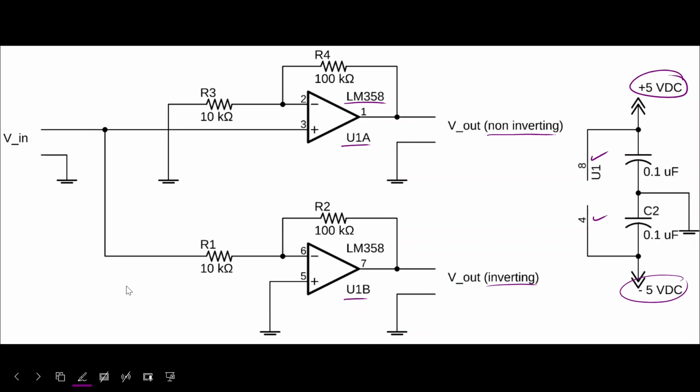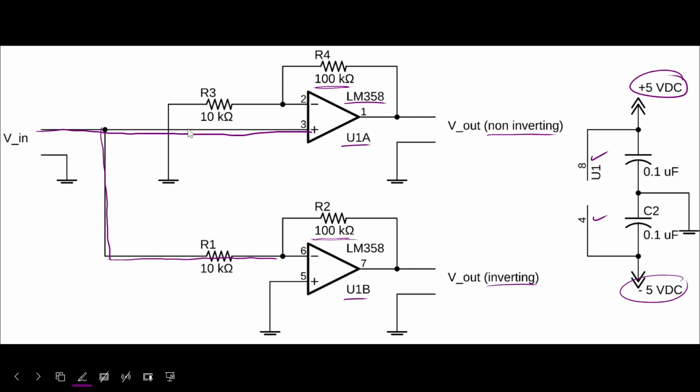You'll notice there are some similarities between the inverting and non-inverting. For example, they both have a feedback resistor, which in this case is 100K ohms for both. However, they differ in where the input is applied. In the non-inverting op-amp, the input is applied directly to pin 2, whereas in the inverting, it's applied via this R1.